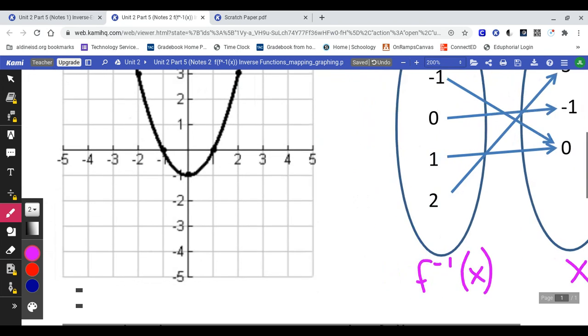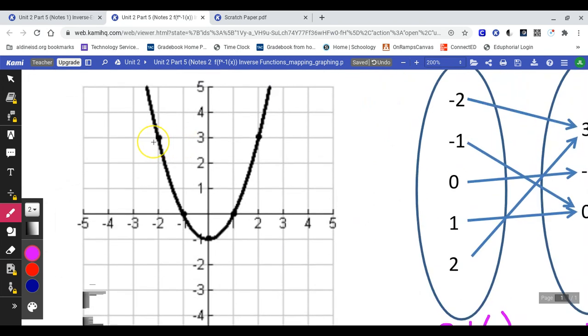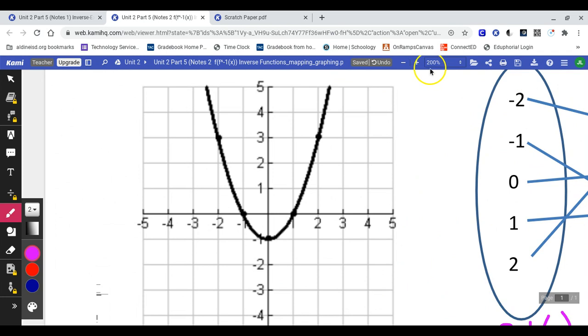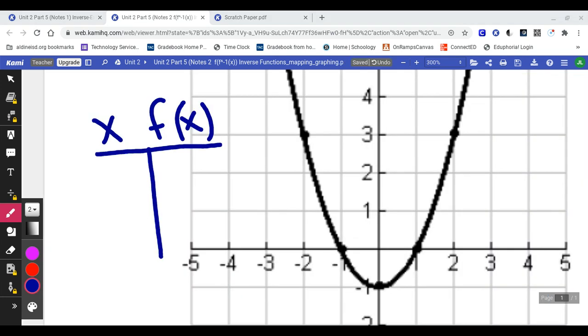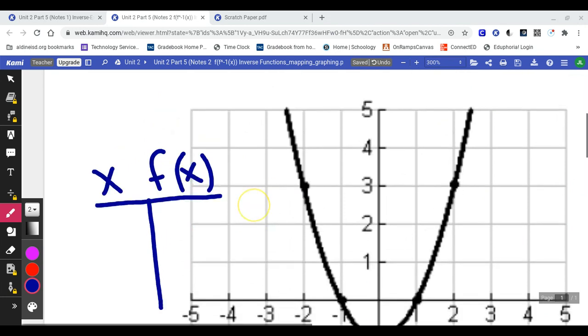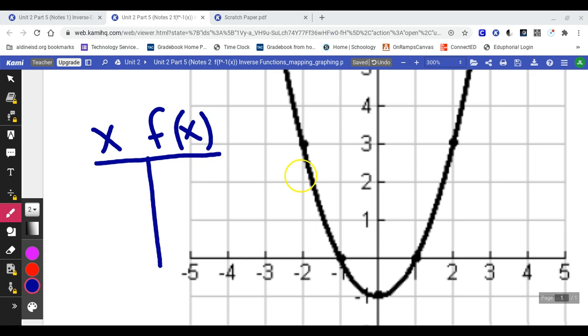Notice that I can do the same thing with the graph. So if you're having trouble seeing it with the function mapping with the arrows, what you could do instead is make a table using the points on the graph that they give you. So I'm going to go ahead and list the points that I can see. So it looks like -2 lines up with this point on the x-axis and 3 on the y-axis.